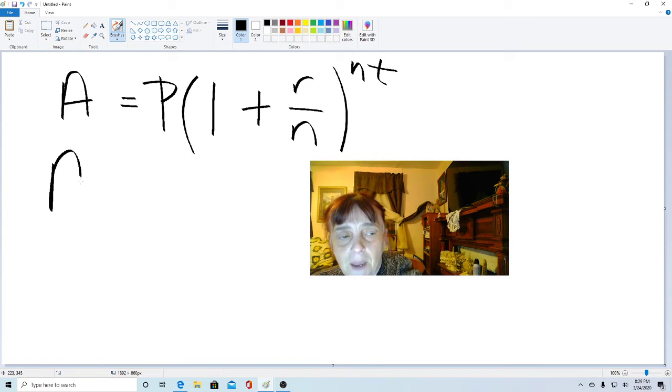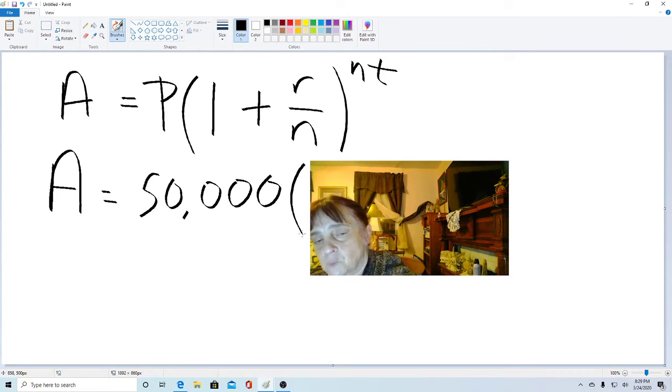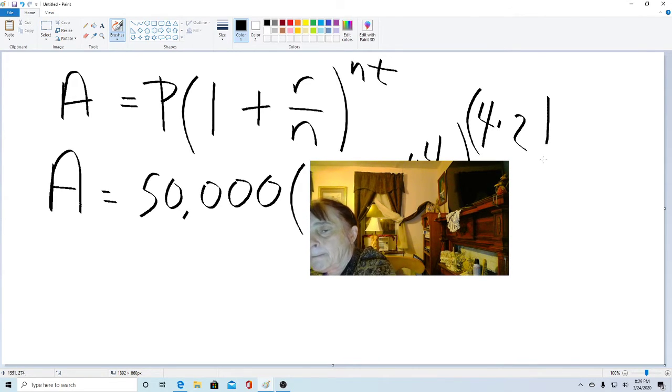Okay, the final amount is how much is invested, which is $50,000 times 1 plus the interest rate. Now your interest rate is 4%. You have to change that to a decimal, so that's 0.04, and you divide it by 4 since it's quarterly. Raise it to the power of the number of times it's compounded, which is 4 times 2 years.